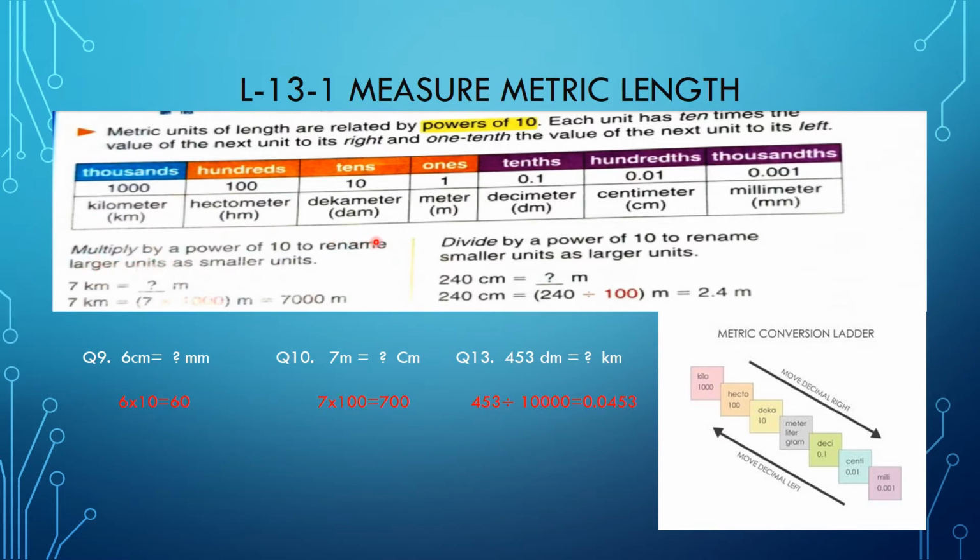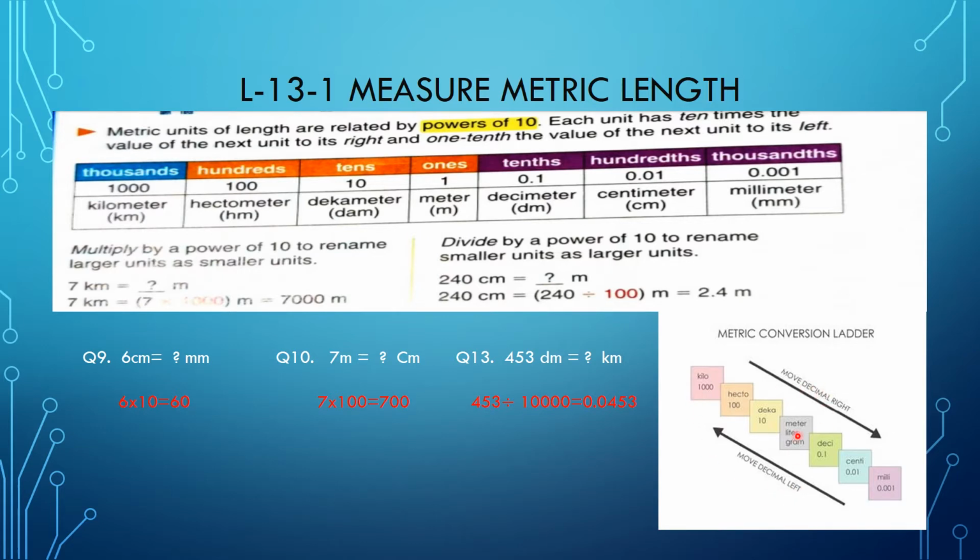It is better you can see this one, the arithmetic conversion ladder. It is not in your book, but it is very easy and you can easily convert from centimeter to meter and millimeter to centimeter. Conversion is very easy if you are using this table.